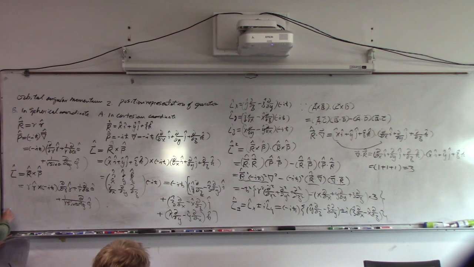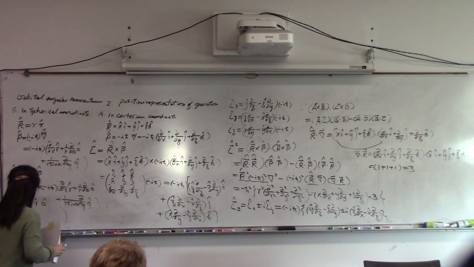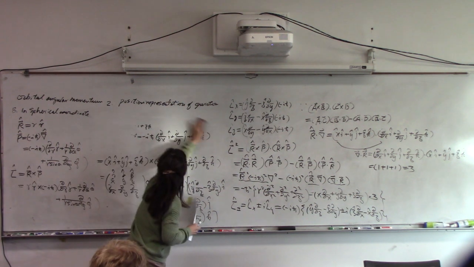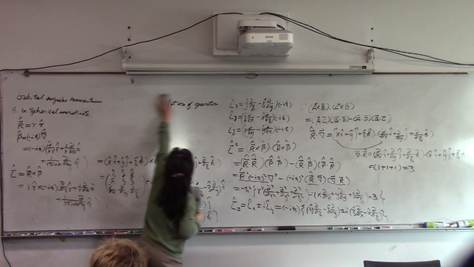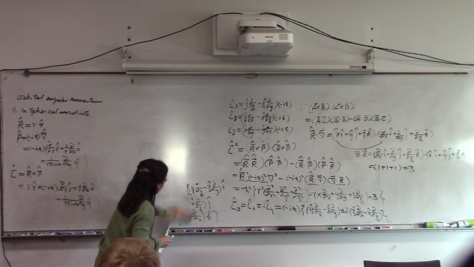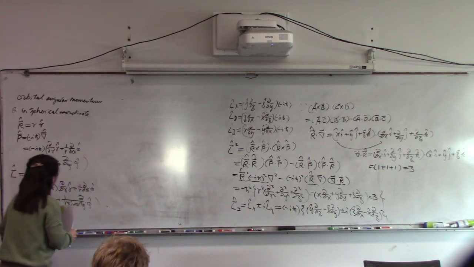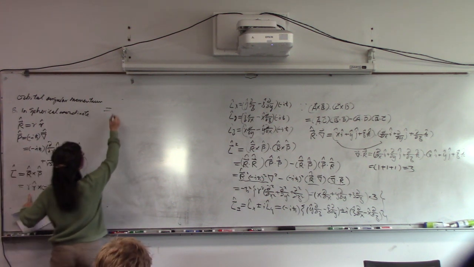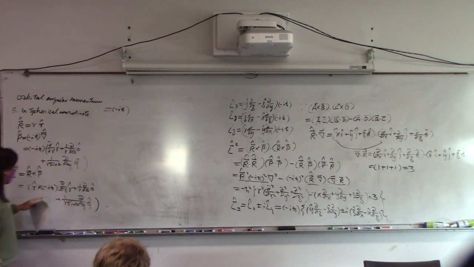Again, here I prefer to use the matrix to make this a cross product. So I use the unit vectors r hat, theta hat, phi hat of the space. I keep the constant minus i h bar outside.